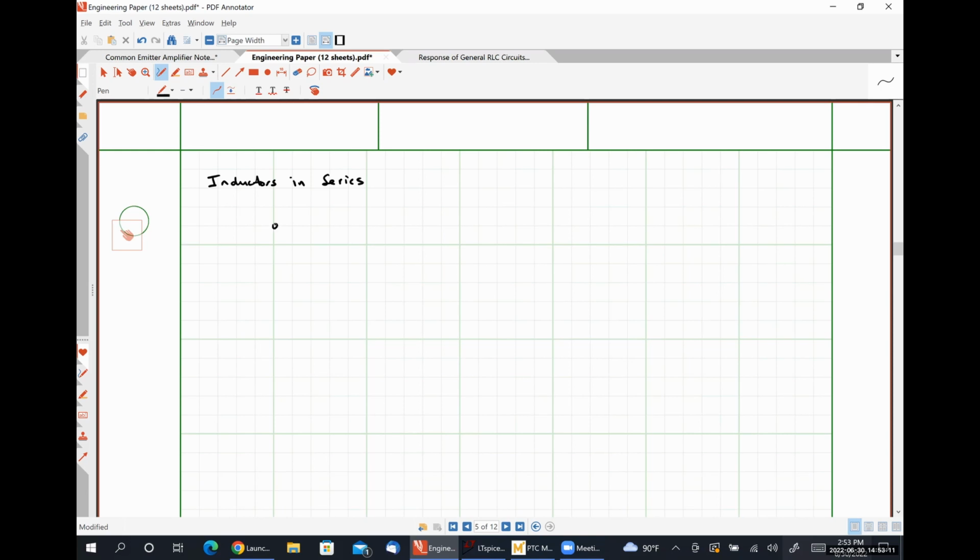So let's say that we have a combination of inductors. Let's call this L1. This is L2. And this is Ln.